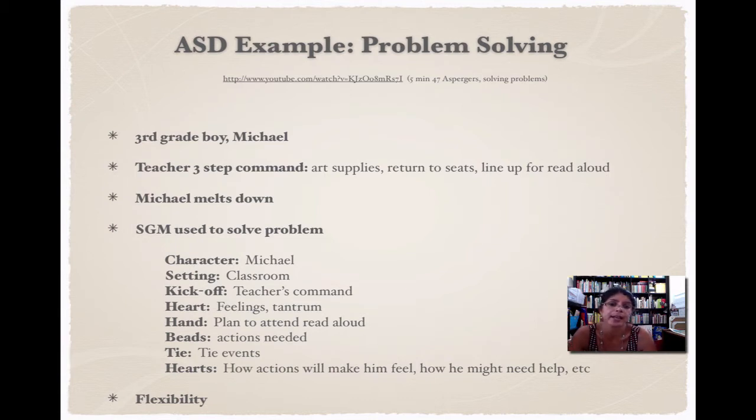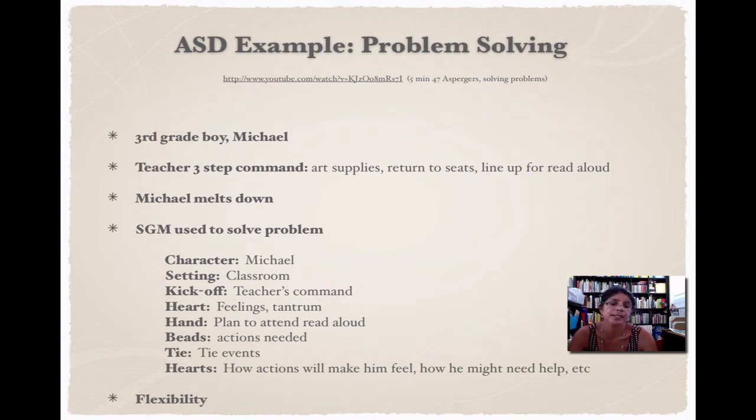So now Michael has to come up with a plan with the help of the speech-language pathologist. The beads represent the actions needed for this event. The tie ties everything together, and the hearts show how the actions make him feel and how he might need help or how he solved this problem.